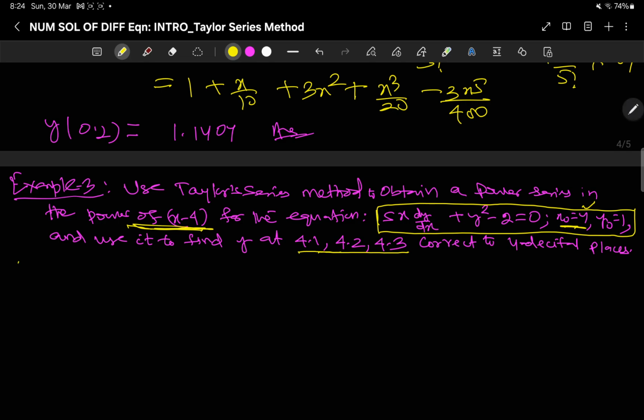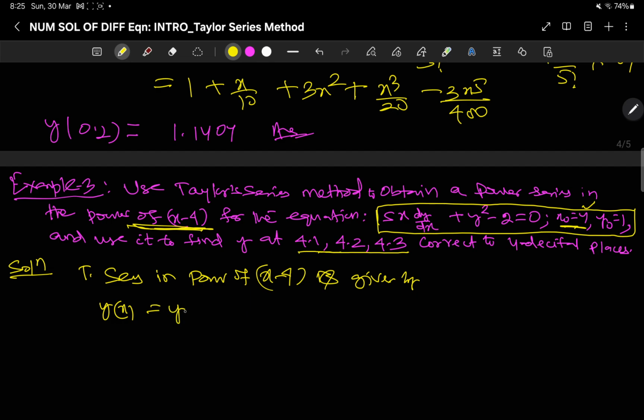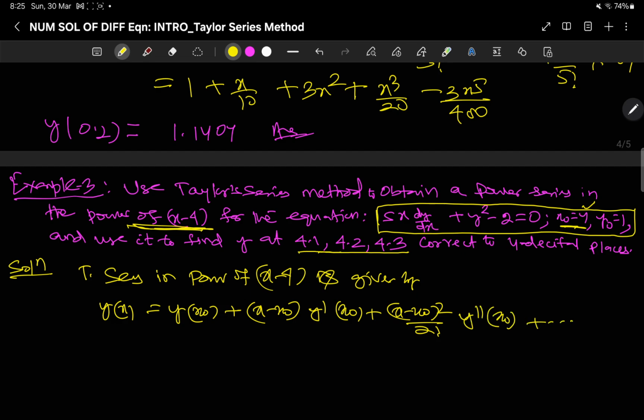Now coming to the solution, the Taylor series in powers of x minus 4 is given by y(x) is equal to y of x0 plus (x minus x0) y'(x0) plus (x minus x0) square by factorial 2 y''(x0) and so on.